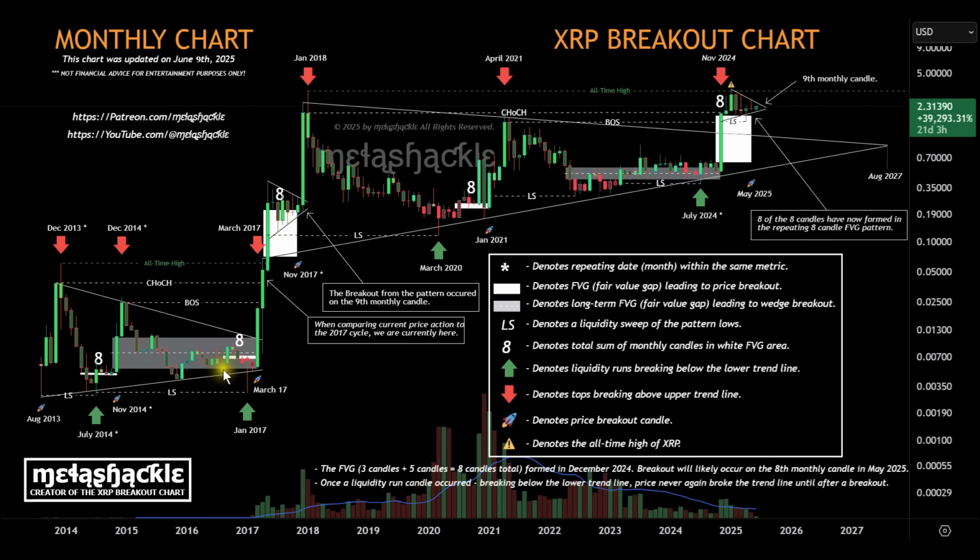It occurred here, forming a fair value gap, 5 subsequent candles, breaking out on the 8th candle, breaking out of the pattern, moving into this, the 3rd iteration, which most closely resembles the current iteration that we are seeing right now.